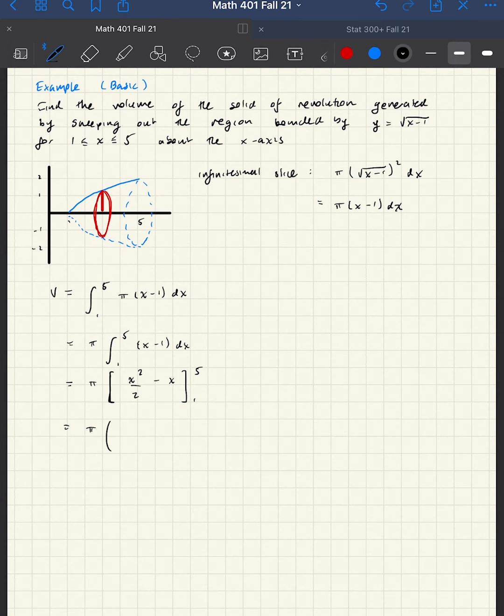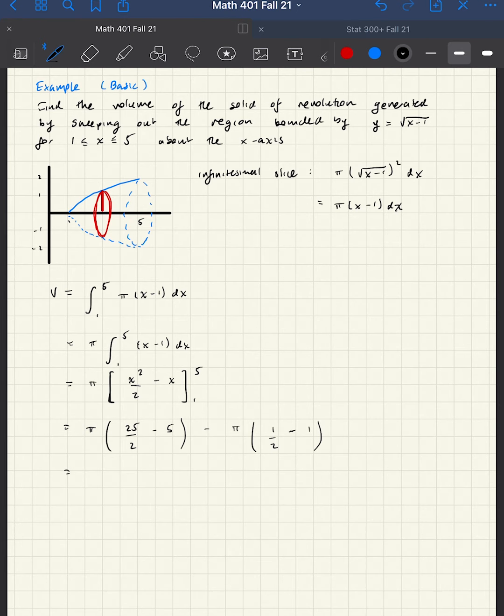And then if we use our good old FTC2, we'll get 25 over 2 minus 5 in the first set of parentheses. And in the second set of parentheses, we're going to have 1/2 minus 1.